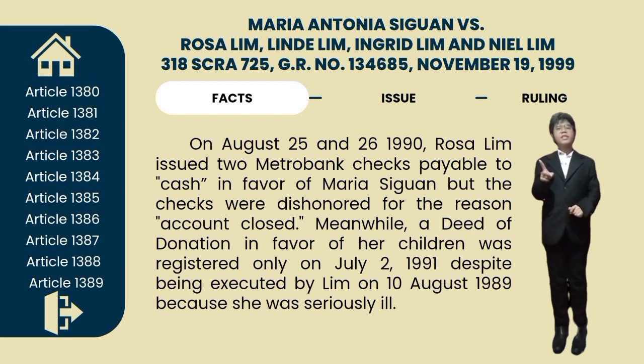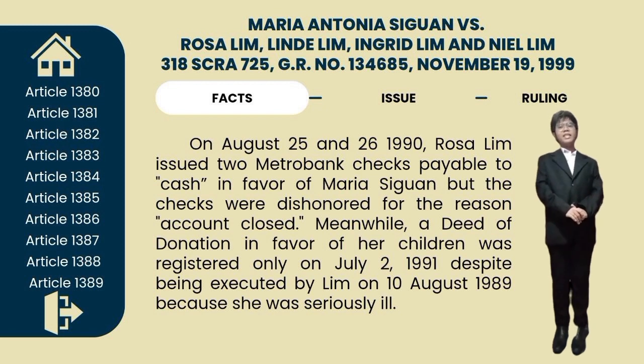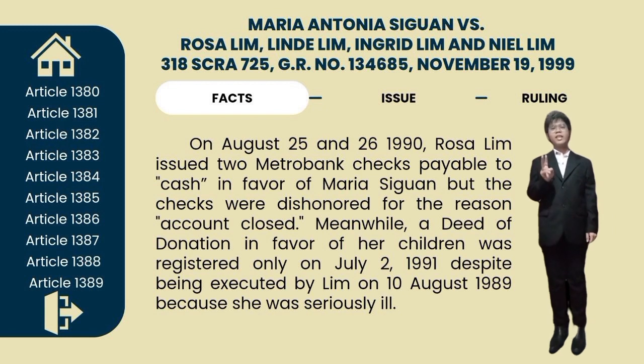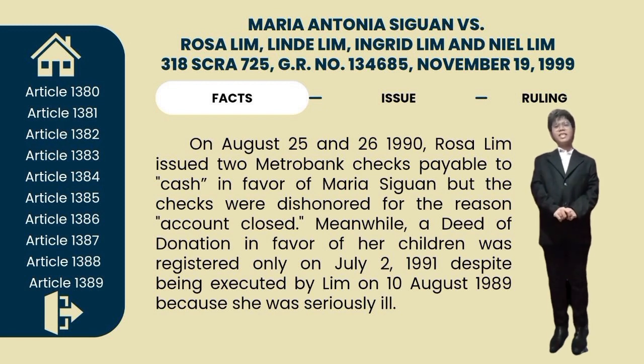First, a parcel of land situated at Barrio Lahug, Cebu City, containing an area of 563 square meters and covered by TCT number 93433. Second, a parcel of land situated at Barrio Lahug, Cebu City, containing an area of 600 square meters and covered by TCT number 93434.